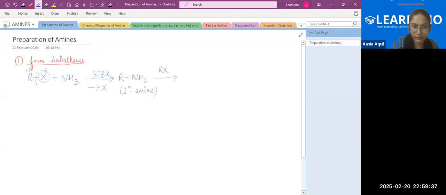Here again the C-X bond will break, and X and H will be removed as HX, and you will get a secondary amine, R2NH. This is a secondary amine. Like that, again with RX minus HX, you will get a tertiary amine.